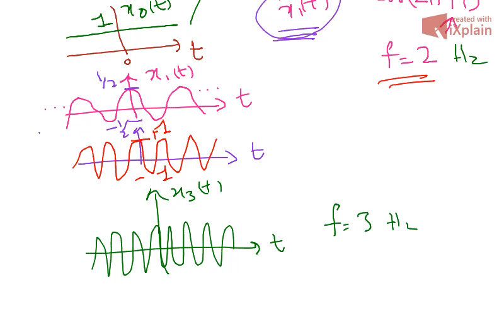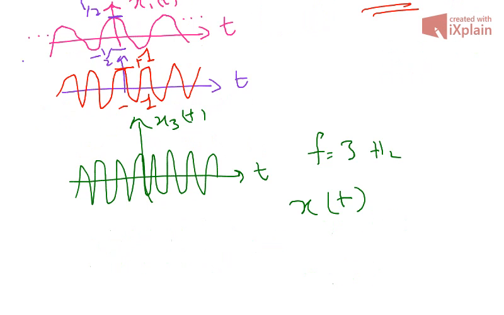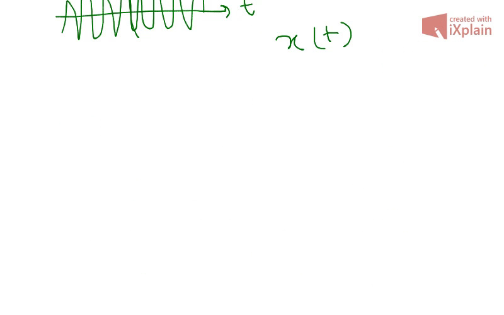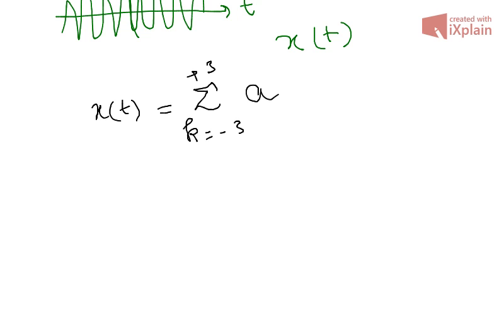So basically your x of t is the summation of a constant and 3 sinusoids. Earlier we saw that our x of t is the summation of complex exponentials, right? It was in this form, from -3 to +3, a_k e raised to the power j 2 pi k t.